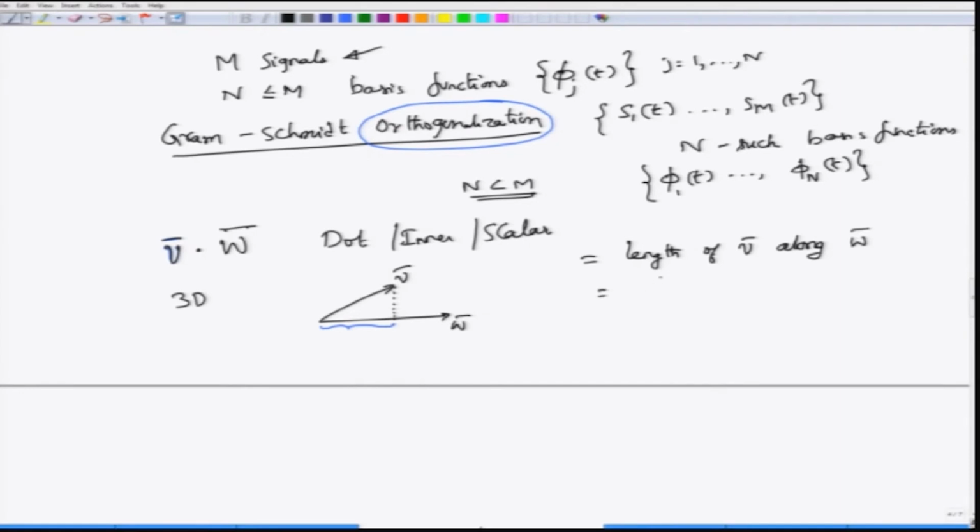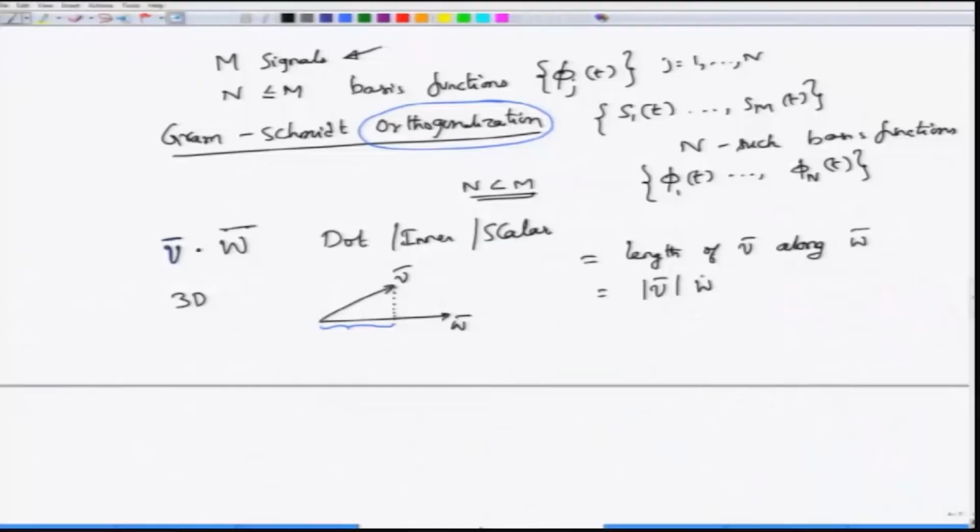In physics or electromagnetics textbooks, you would find this as magnitude of v into magnitude of w cos of theta v w, where theta v w is the angle between the vectors v and w. The geometric notion is that by performing the dot product, you are able to find the length of the component of v along w, but this is just the length.